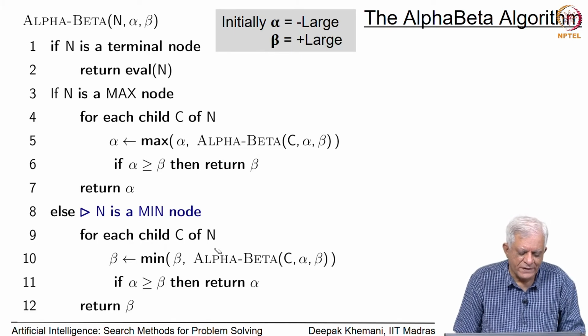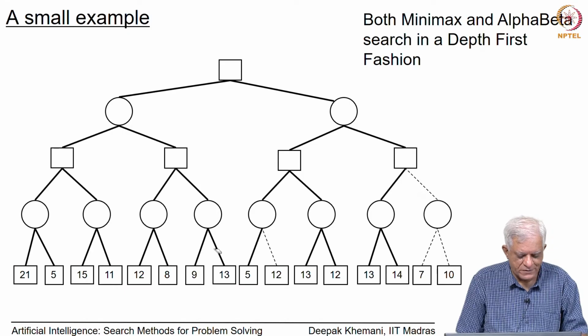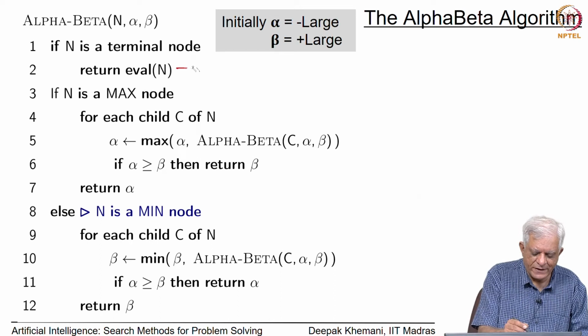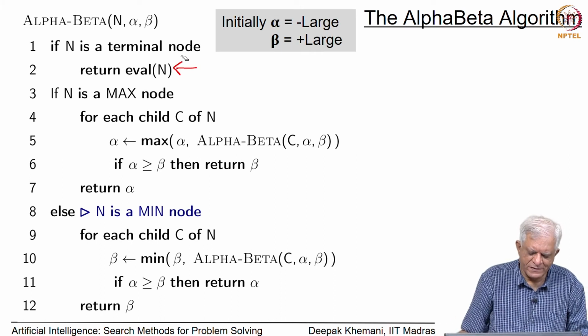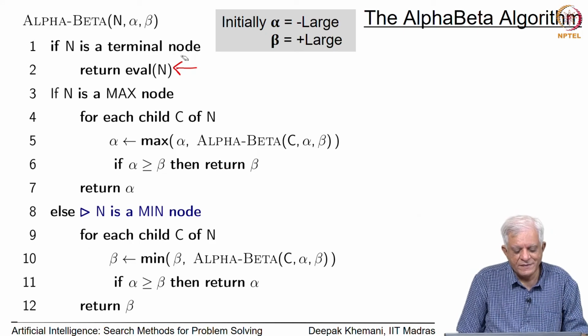So, as before, if n is a terminal node, we return the value eval n, which is returned by the evaluation function. And if you remember in the Minimax algorithm, we had initialized alpha and beta to minus infinity and plus infinity respectively, because alpha could only become better than minus infinity and beta could only become better than plus infinity. But in the alpha beta algorithm, we are propagating these bounds.